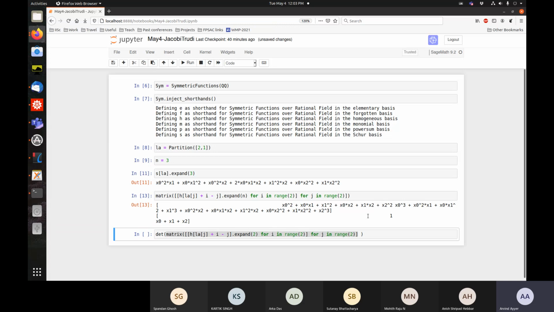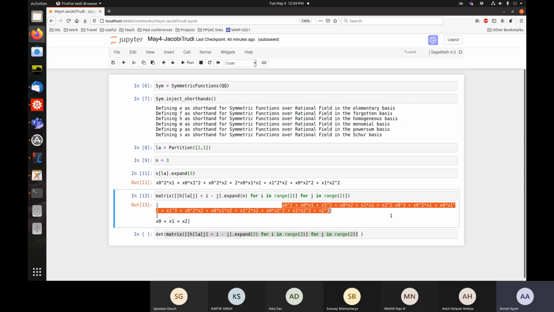Okay, here is this matrix. It's a bit too long, but what is happening? There should be a 2 by 2 matrix. This is a single term. Is there something here? Maybe there's a 0 here.